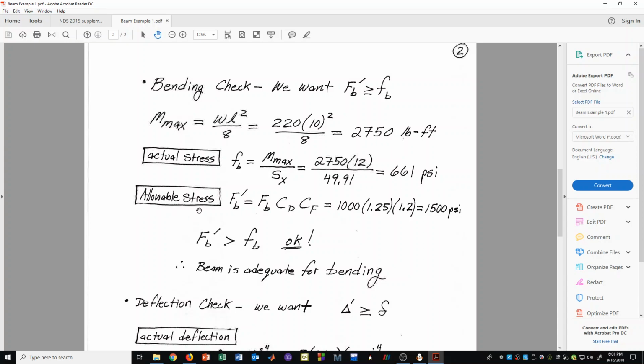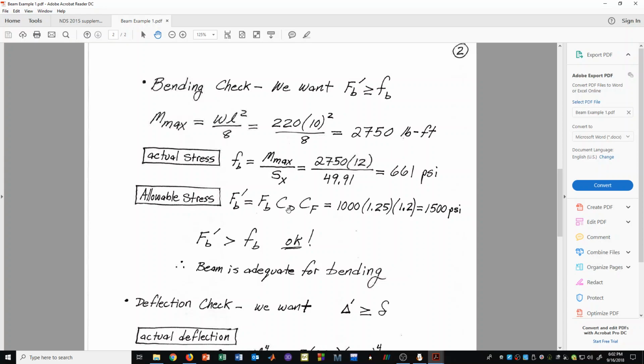The allowable bending stress is FB prime, and it is equal to FB times CD times CF. Again, if you look in the NDS in the table for adjustment factors that would be applicable to bending, you would find by looking at that list that these are really the only ones that apply to our situation.